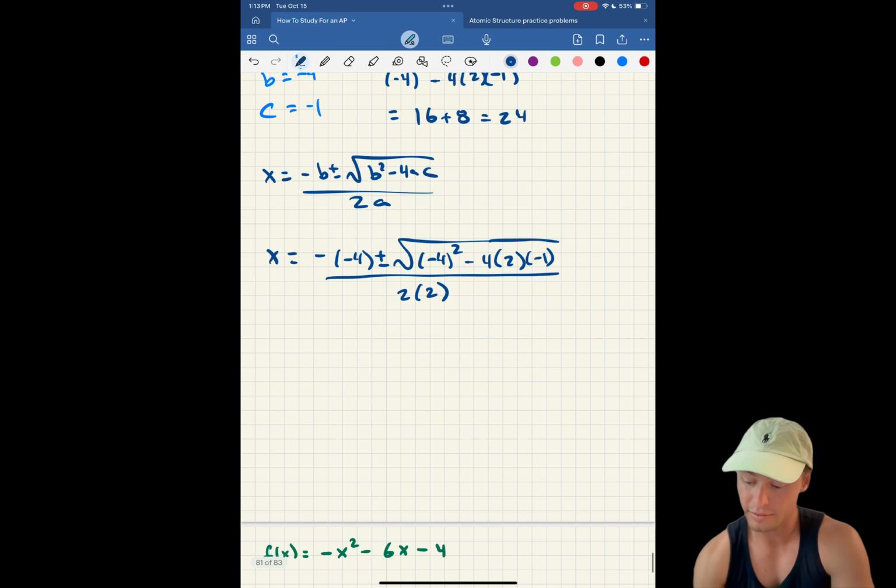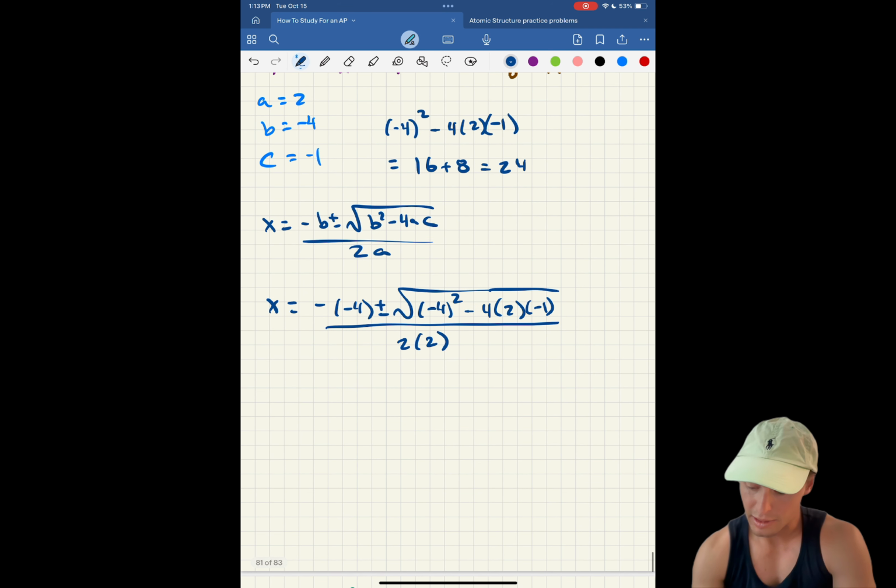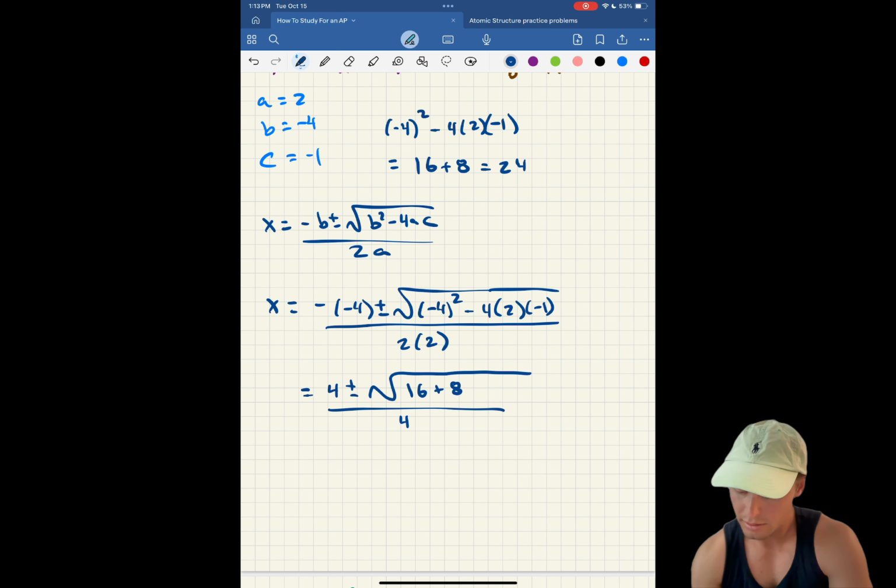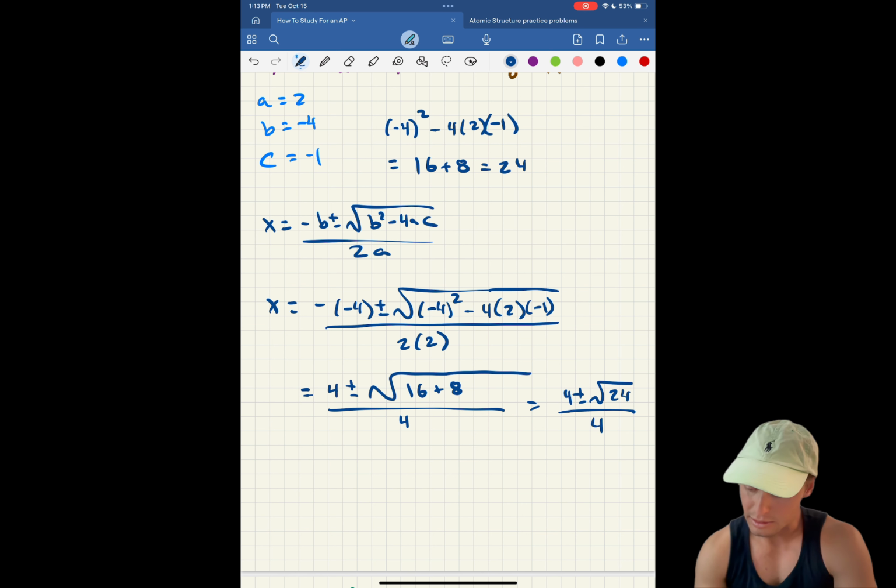And we'll just start simplifying that. So that will give me negative 4 minus negative 4 is positive 4 plus or minus the square root of negative 4 squared is 16 plus 8 all over 4, which is 4 plus or minus the square root of 24 over 4, which is equal to 4 plus or minus 2 square root 6 over 4.